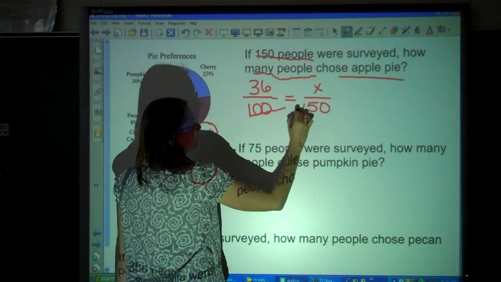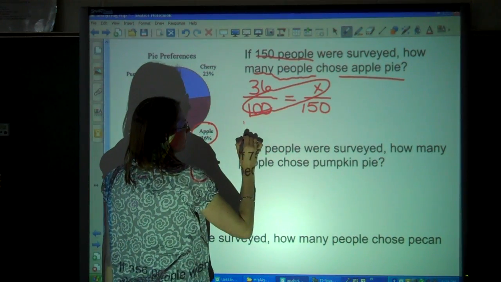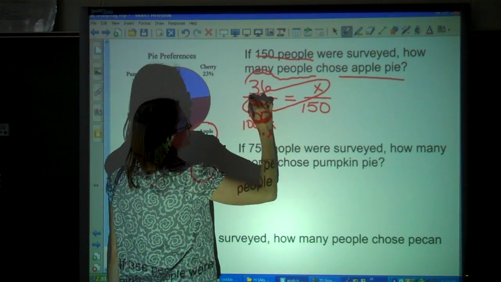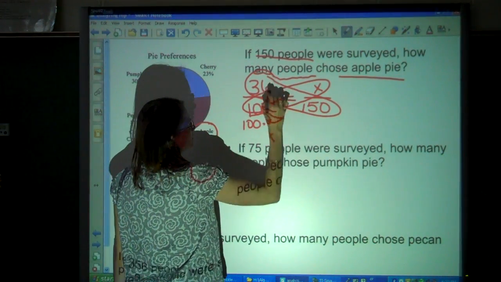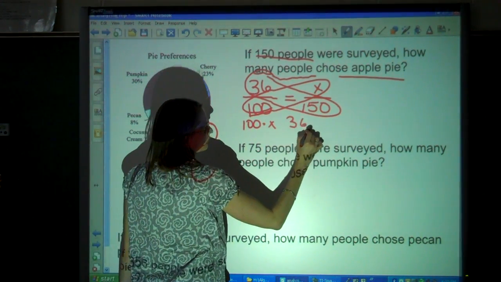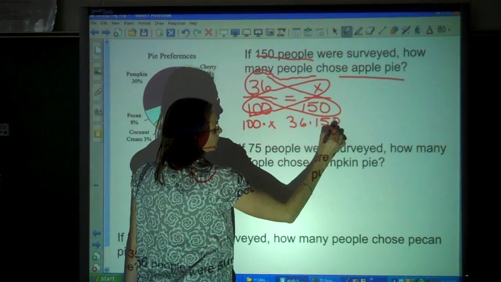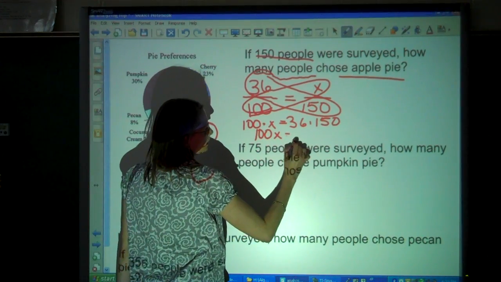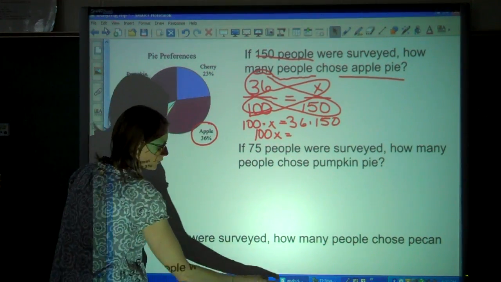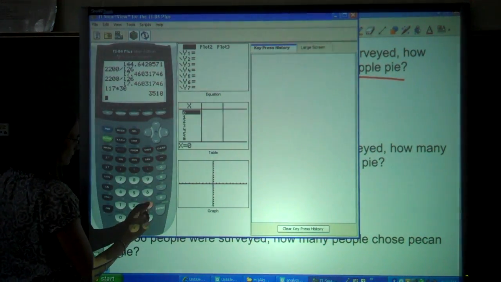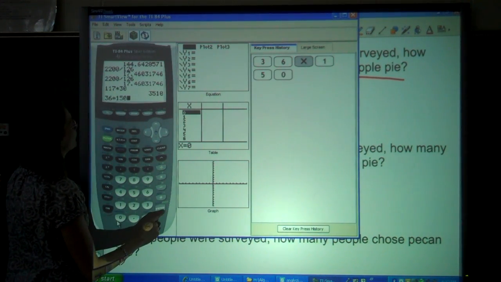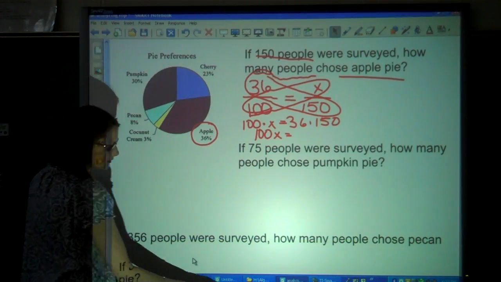And I'm going to multiply my means times my means, and my extremes times my extremes. And I get 100x equals 36 times 150, which is 5,400.